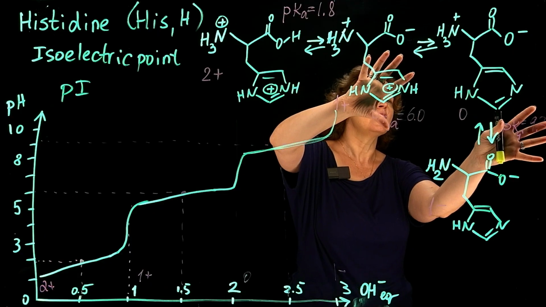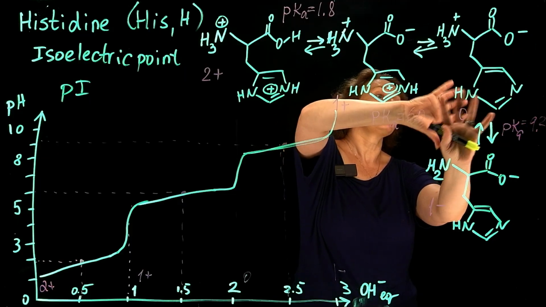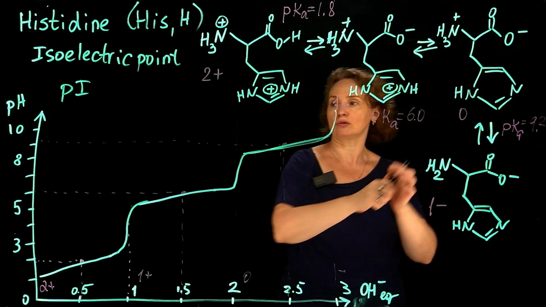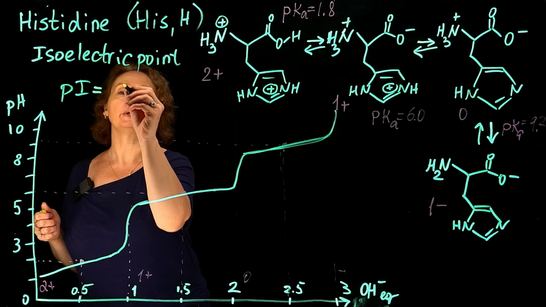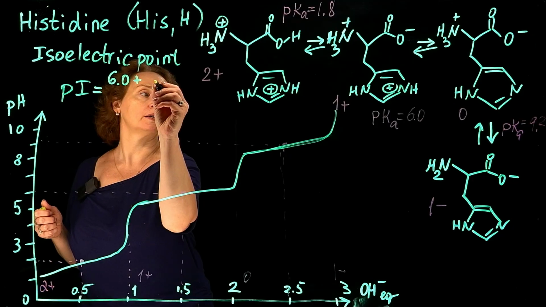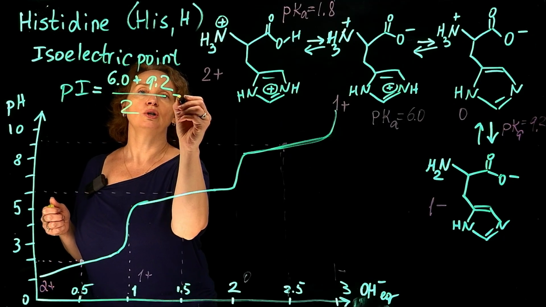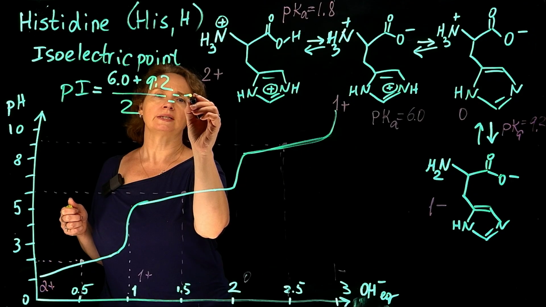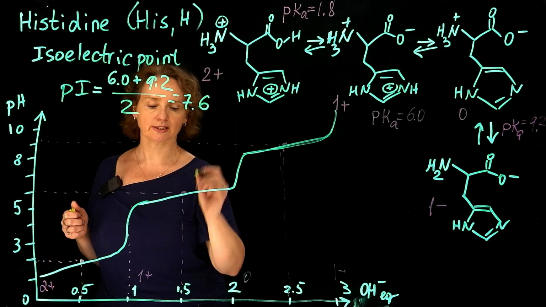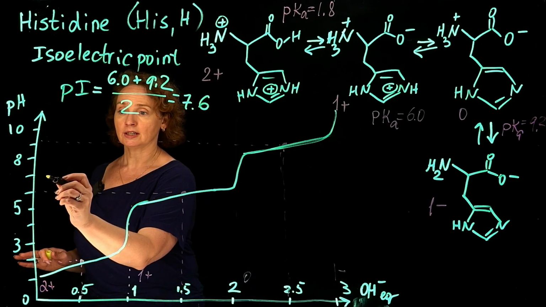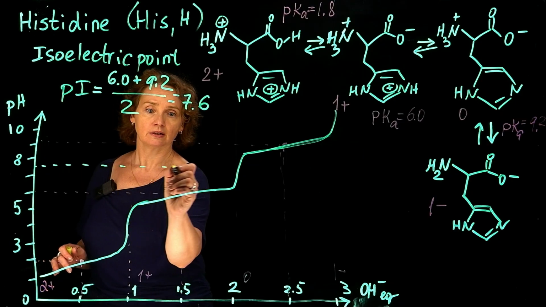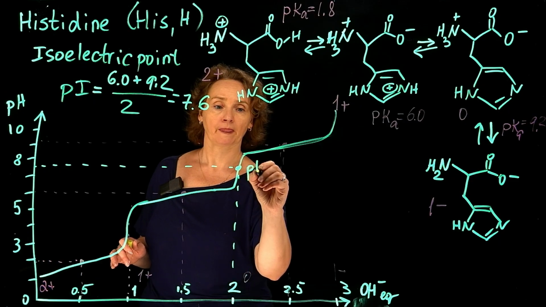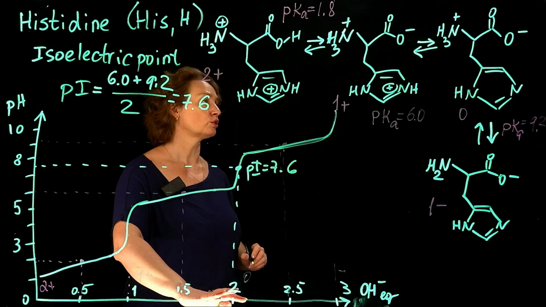That happens at a pH equal to the average between those two pKa's. So the PI for histidine will be (6 + 9.2) / 2, which is 15.2 over 2, 7.6. So that's the PI. And as you can see here, our 7.6 indeed corresponds to the maximum amount of the neutral form of histidine.